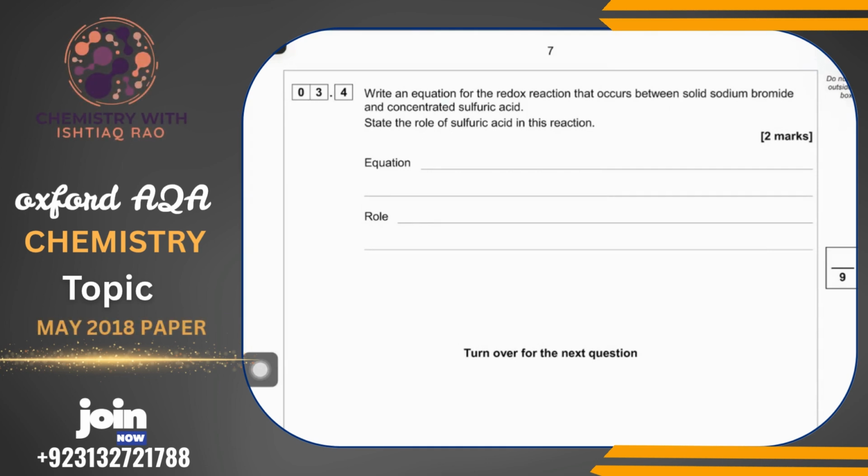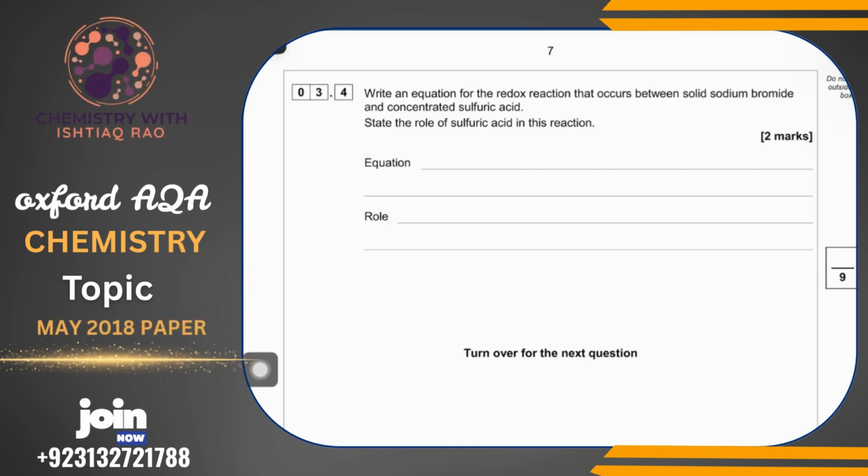So NaBr plus, wait, sulfuric acid. Sulfuric acid is H2SO4, right? So NaBr plus H2SO4.